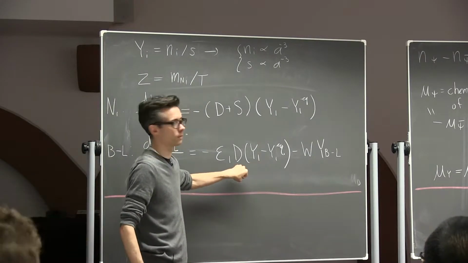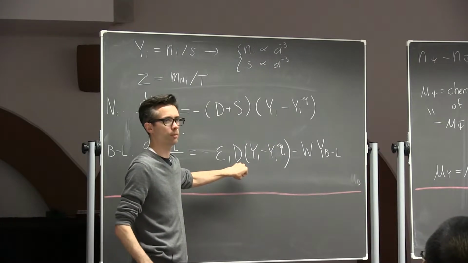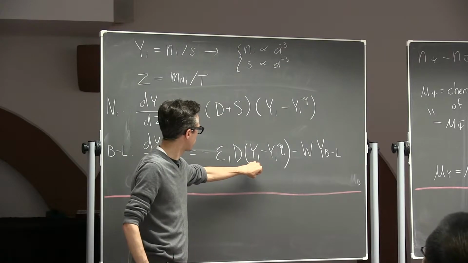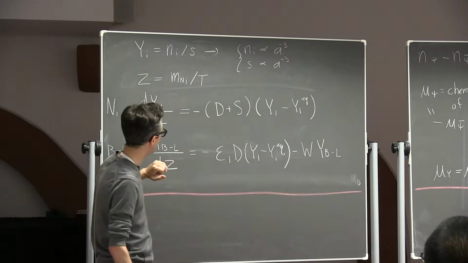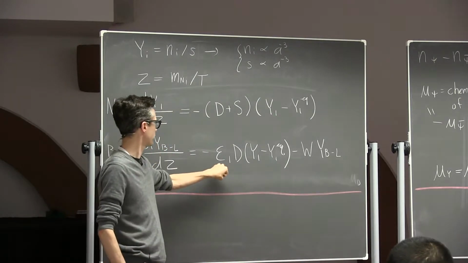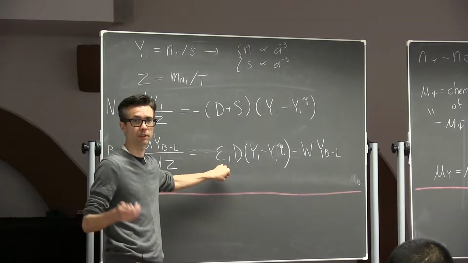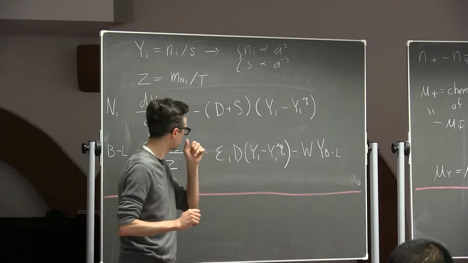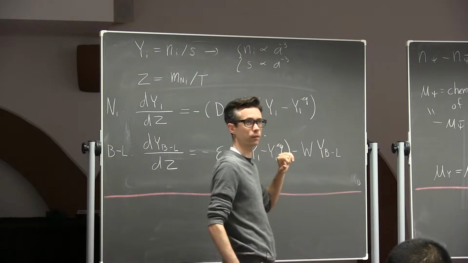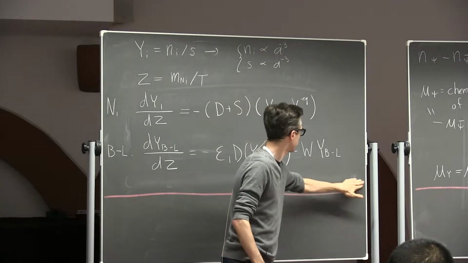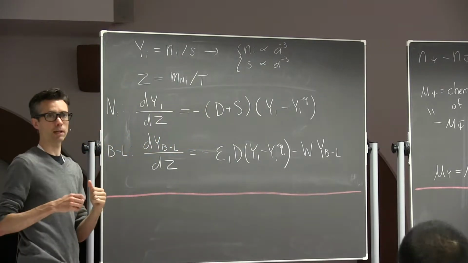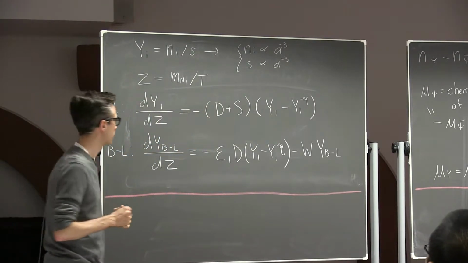So, spoiler alert, D is going to correspond to a decay rate. If I have more Y1s than Y1 equilibrium, I tend to have decays that produce a B minus L charge proportional to the decay asymmetry epsilon 1, which is the decay asymmetry of the N1 state. Now, I also have the second so-called washout term. The W stands for washout. And this is going to describe processes that tend to cancel off the B minus L charge that I produce in the decays.